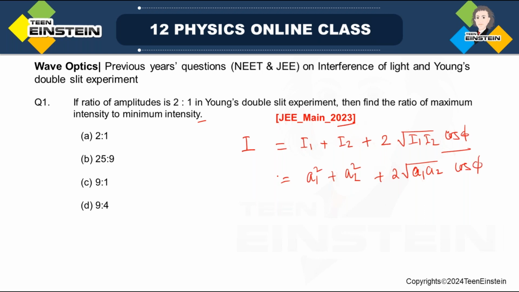This is the expression for intensity in terms of amplitudes of the two interfering waves.